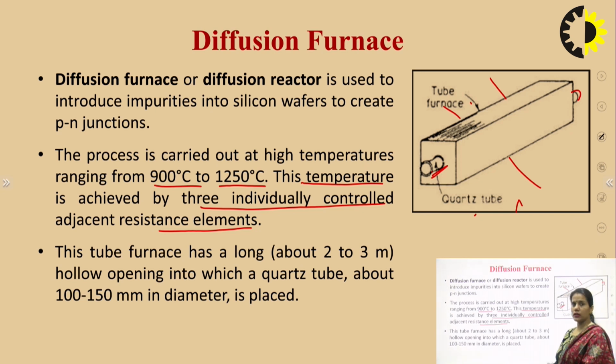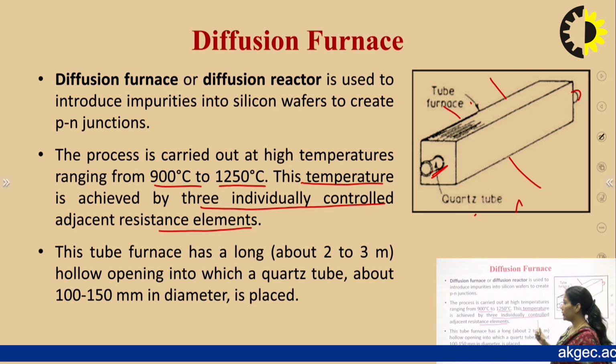So first of all, there is a tube like furnace. Inside that there is a tube structure of quartz, in which the wafers are placed so that the diffusion can take place into those wafers, and the temperature around this furnace is maintained at 900 to 1250 degrees Celsius using the resistance elements. So this is the whole arrangement of this furnace.